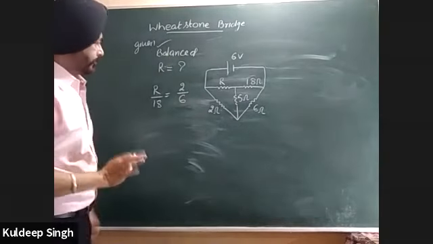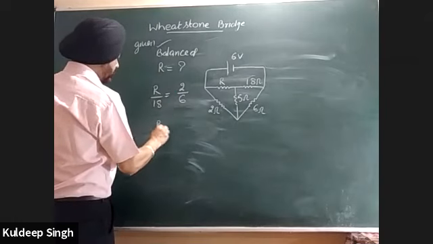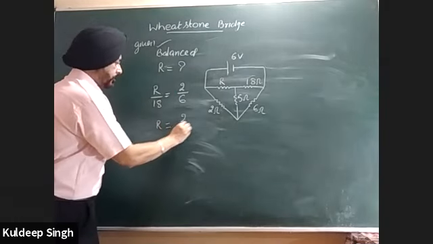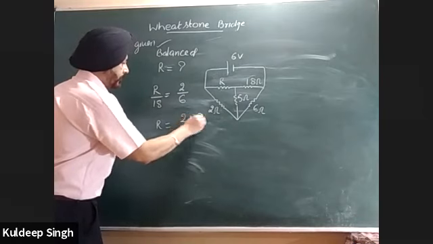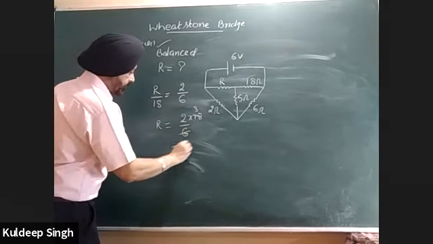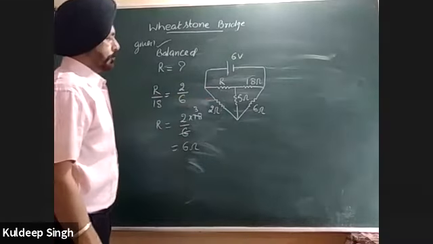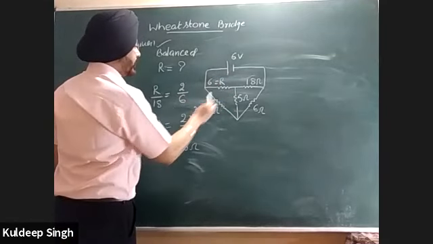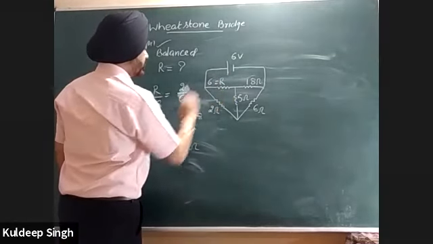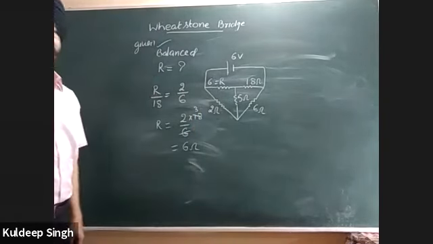So therefore, R is equal to 2 by 6 into 18, and therefore you have 6 ohm. So R is equal to 6 ohm. So when I put R equal to 6, then it is 18 by 6 equal to 3 and 6 by 2 equal to 3. Therefore, it is balanced.